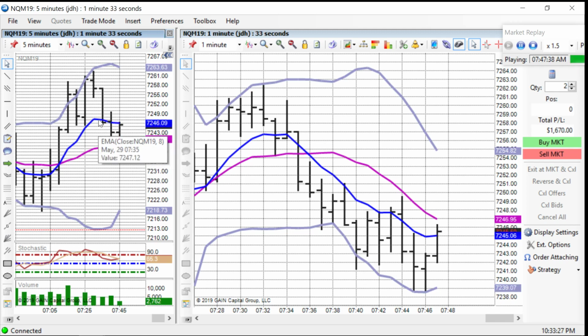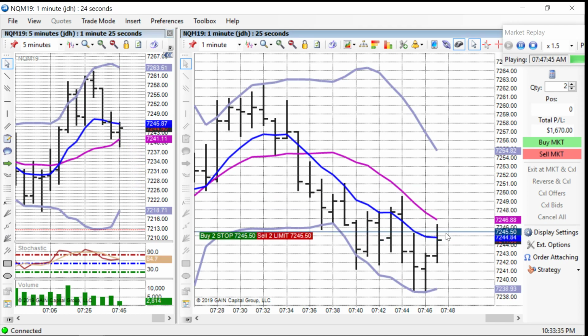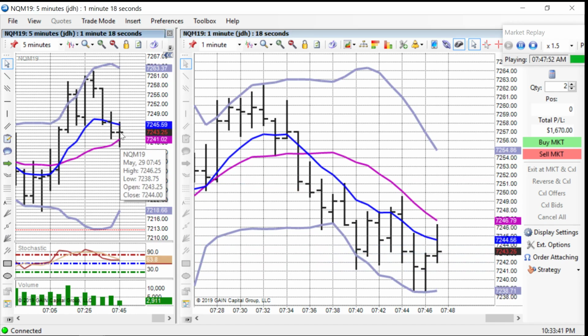But look where that ADMA line is trying to come down towards the crossover. So let this play itself out, and then I'm going to try to take advantage of what's happening on the 5-minute chart here.